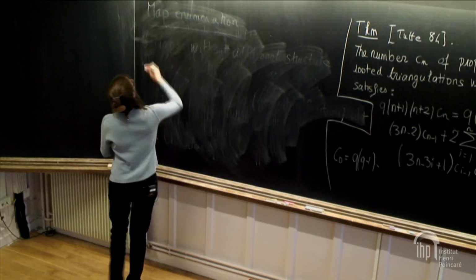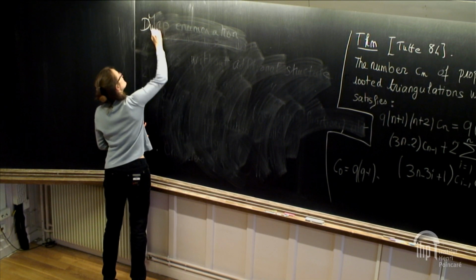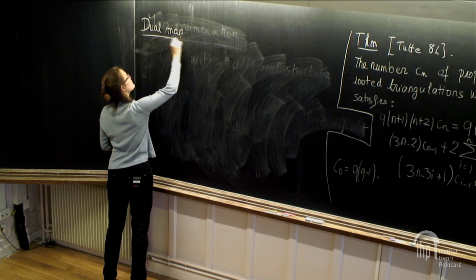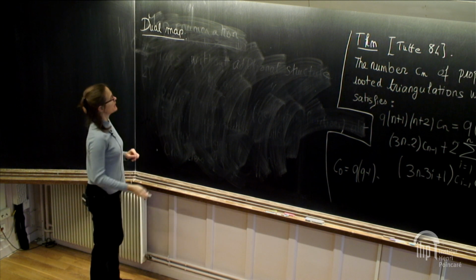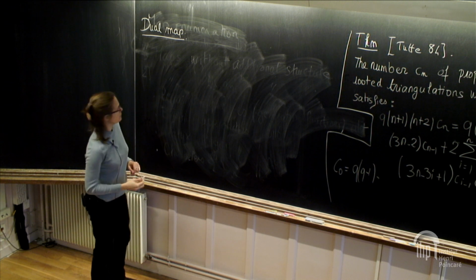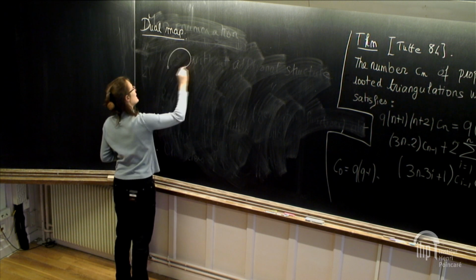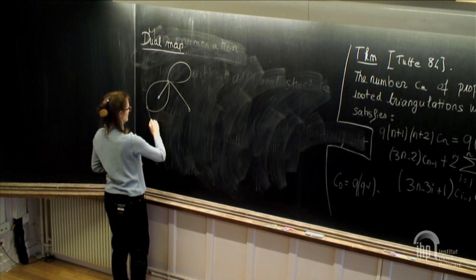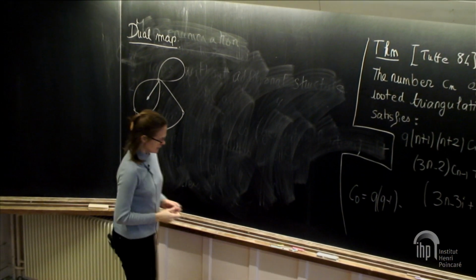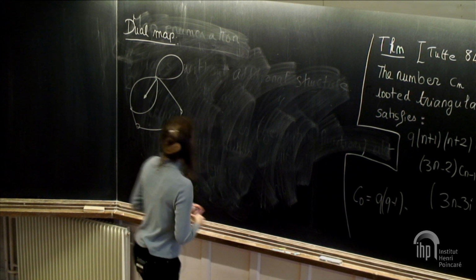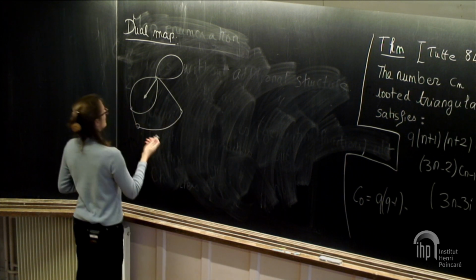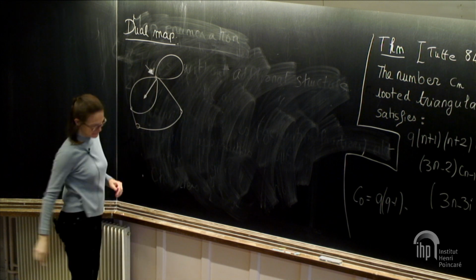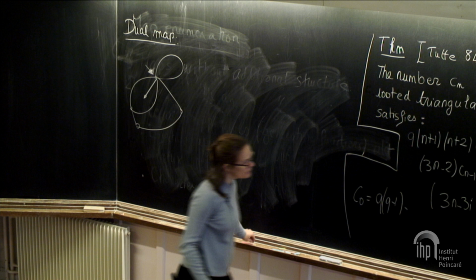Okay, so the next definition, as I said, is the dual map. It is obtained, maybe I'll draw my map again. So it's another planar map. Say I have rooted this one. I should say something about the root.